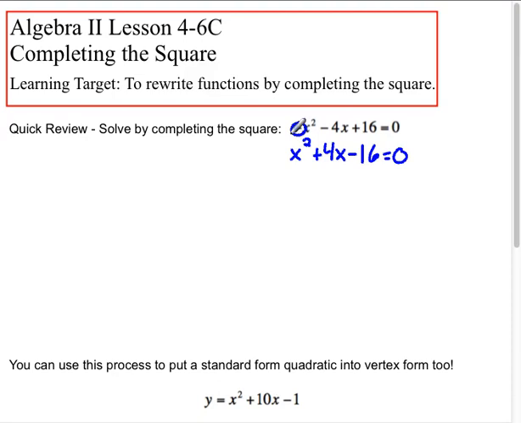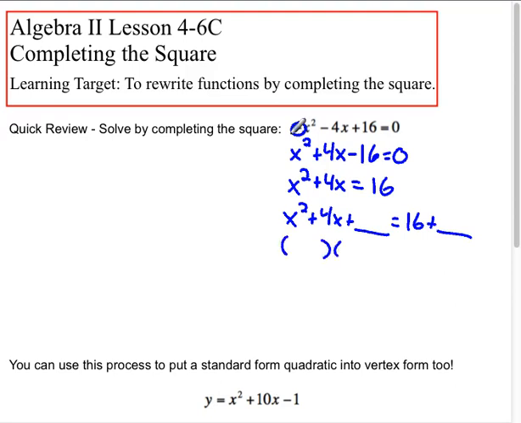Second thing, I always move the constant over, okay? So I'm going to add that 16 over because ultimately we're looking to add something to both sides so this thing right over here can factor into two of the same parentheses, okay?